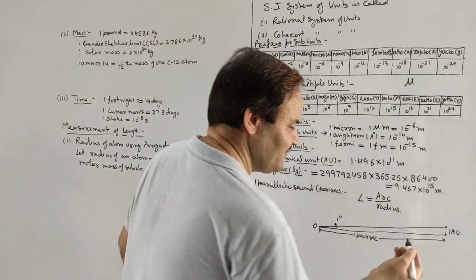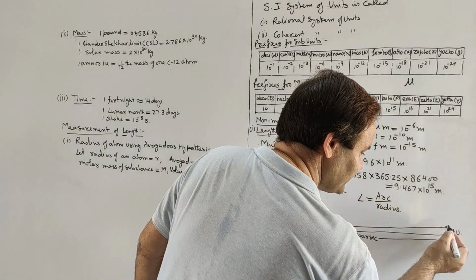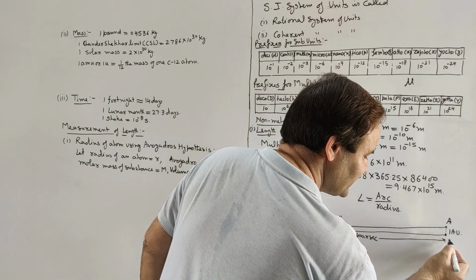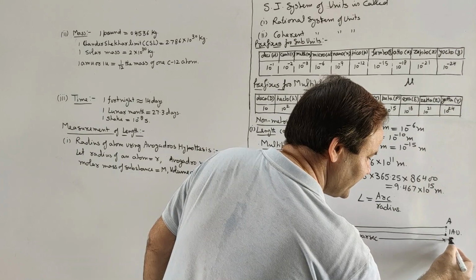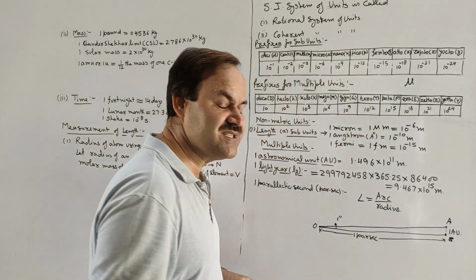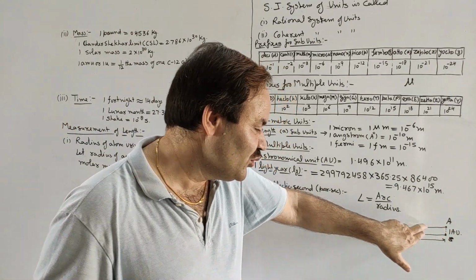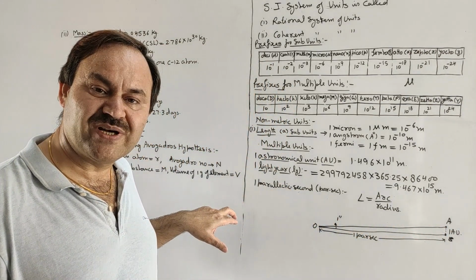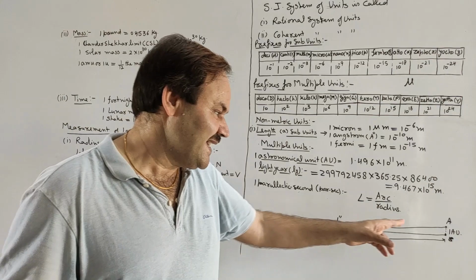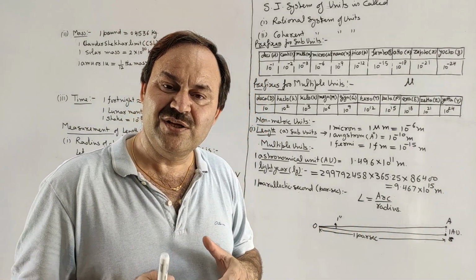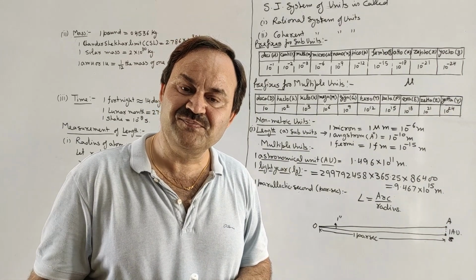It means if I consider that this body is Sun, this body is Earth, then the distance between these two bodies will be 1 astronomical unit. And if we move away from these two bodies, then the angle subtended by these two bodies on our eyes will go on decreasing.